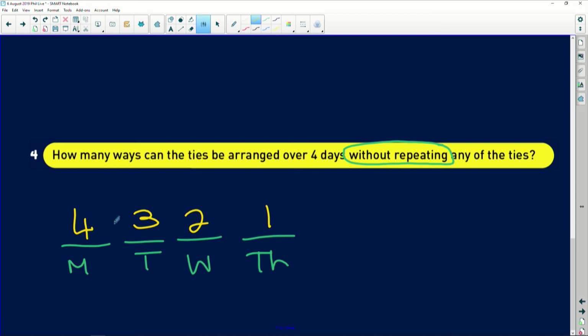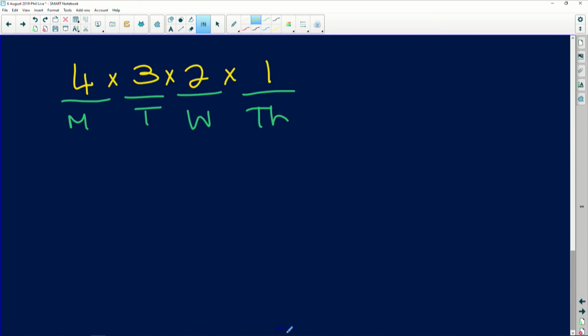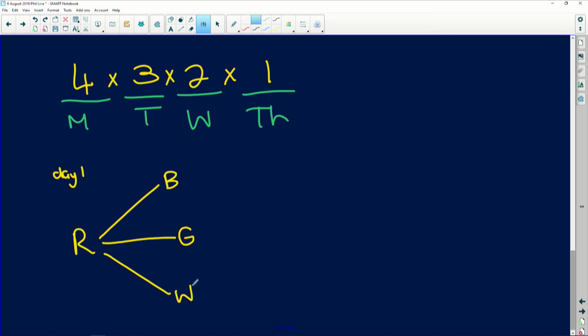Okay. Remember, when you're doing combinations like this, let me try and draw this out. If he chose red on the first day, day 1, after that, he could choose black, blue, or gray, or whatever the other colors were. Okay, so from day 1, he has 4 options, because he could have either chosen red, blue, green, and white.